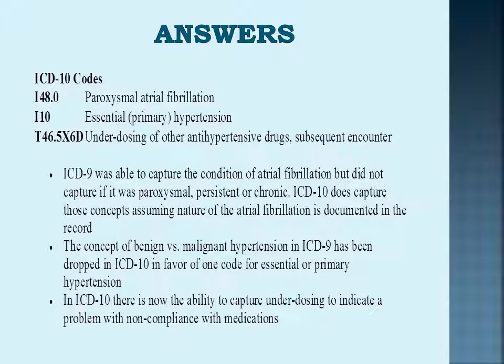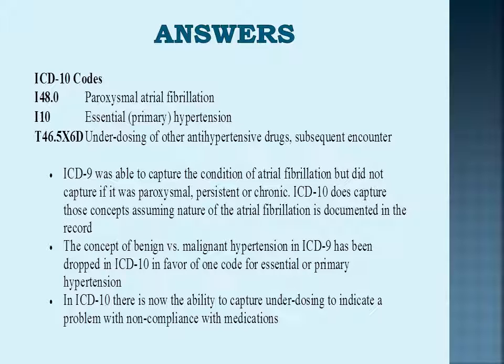Now, using ICD-10 codes, we're going to be much more specific and listed as paroxysmal atrial fibrillation, essential primary hypertension, and specifically look at the code for underdosing of other antihypertensive drugs, subsequent encounter, how specific that is. So ICD-9 was able to capture just the overall condition, but did not tell us specifically whether it was acute, chronic, persistent.